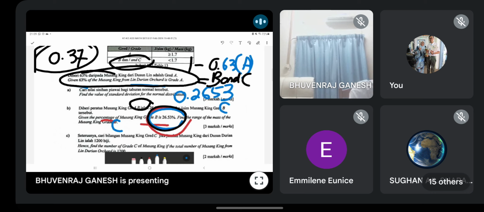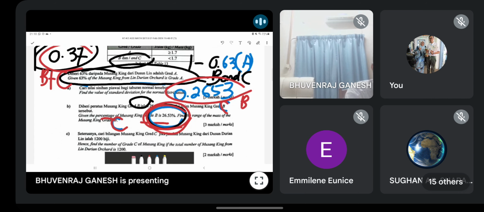Okay, because based on the step they do, 0.37 minus 0.2653. 0.2653 is grade B. 0.37 is B plus C. So basically, I think the question got an error, if not mistaken. Kalau tak, they can directly use this value, because this is for grade B. So we change the question lah guys.